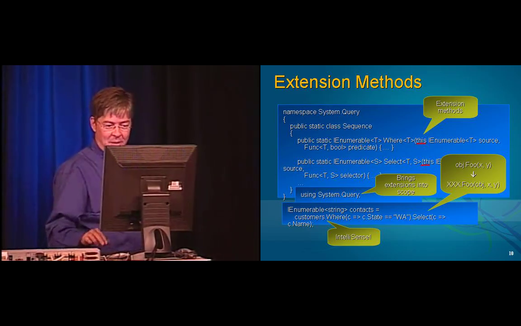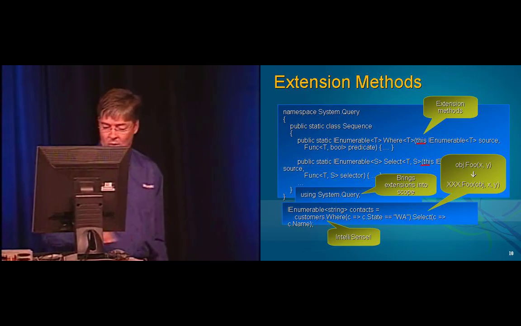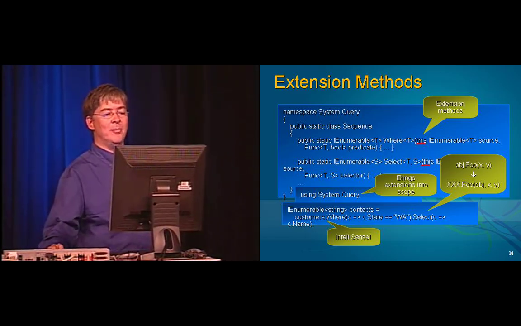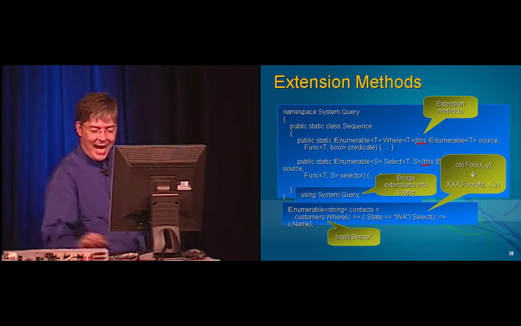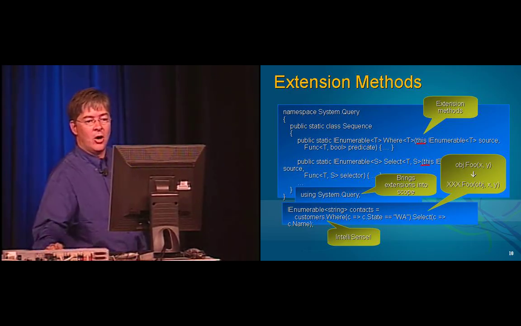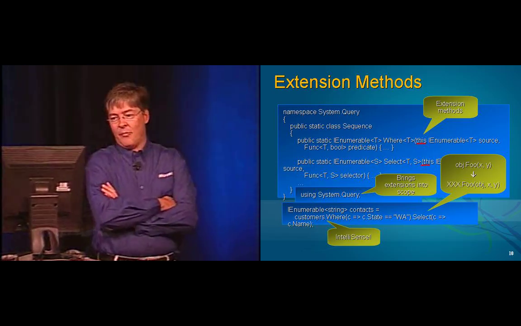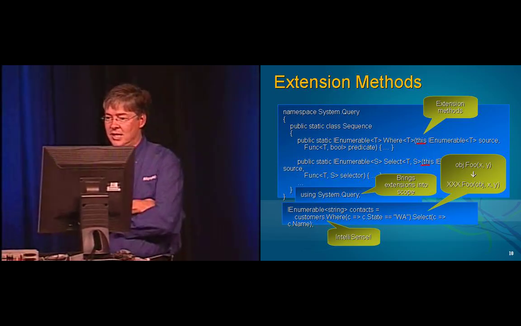Witness the transformation from the previous slide. All I did was put this class Sequence into some namespace, and then add a this modifier on the first parameter of the methods. What this means is that this is an extension method.